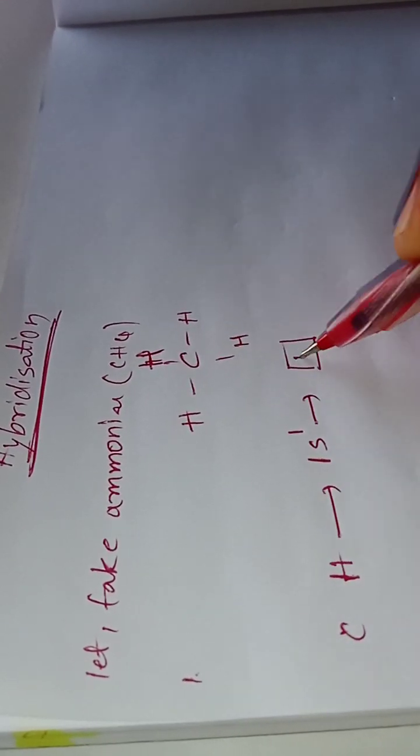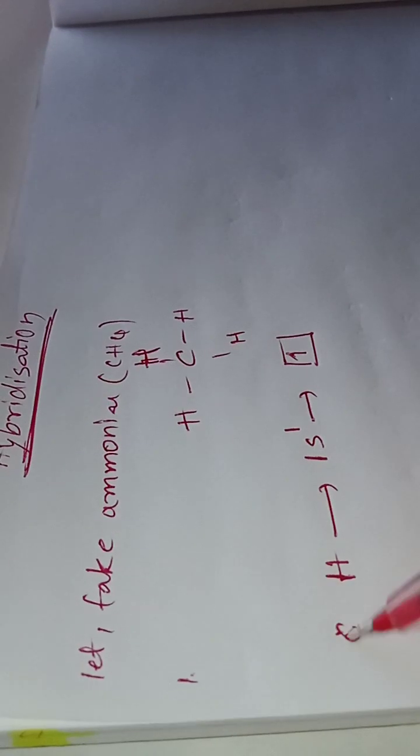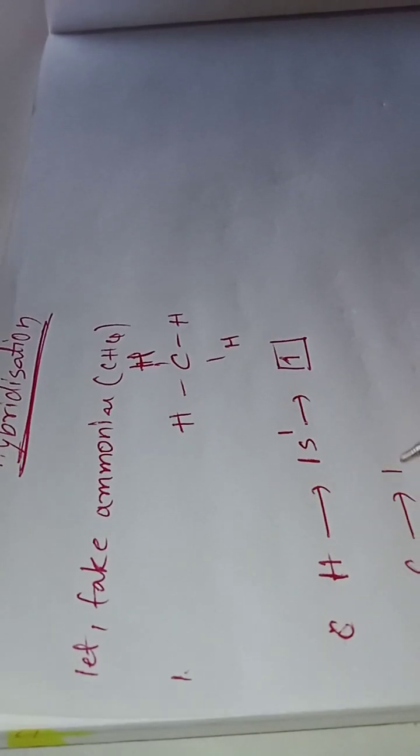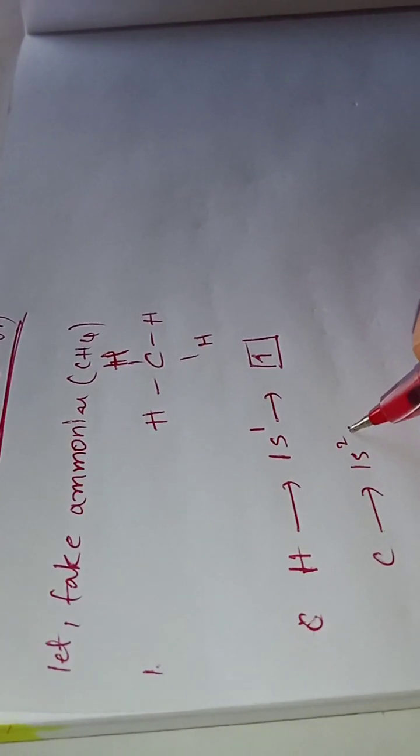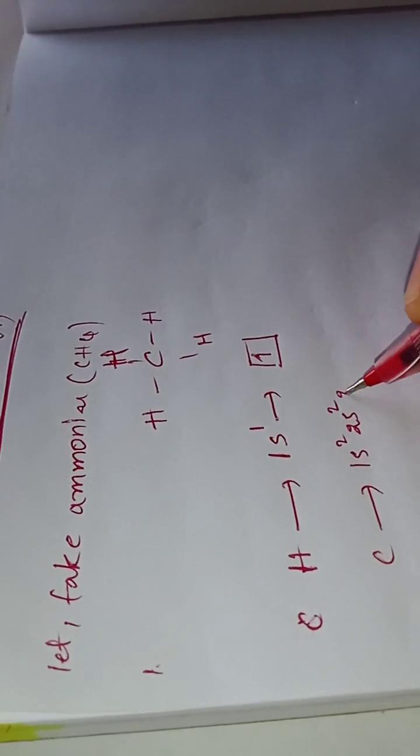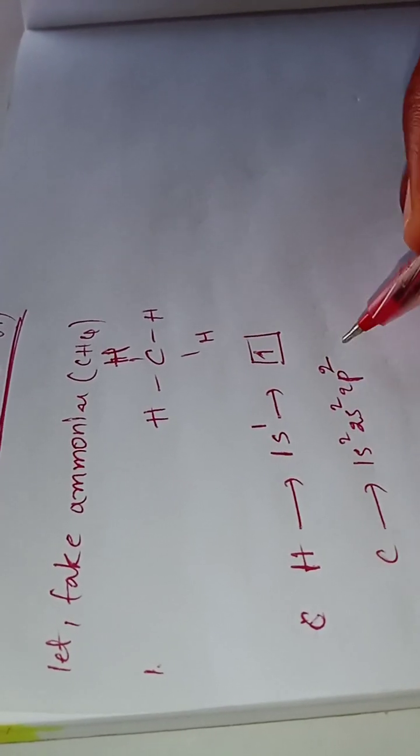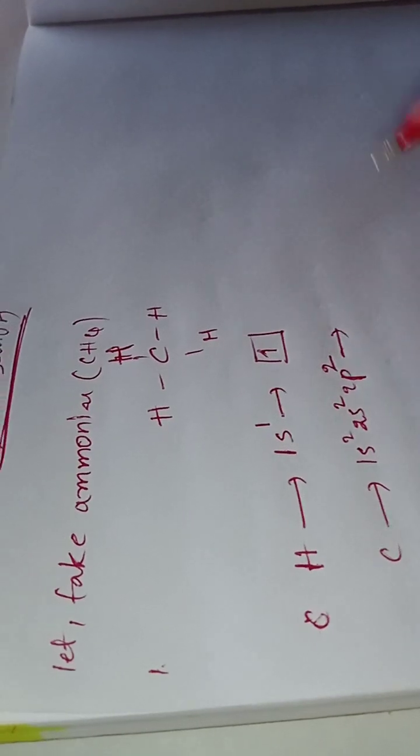Hydrogen's electronic configuration is 1s1, one electron in the s orbital, and carbon is 1s2, 2s2, 2p2.